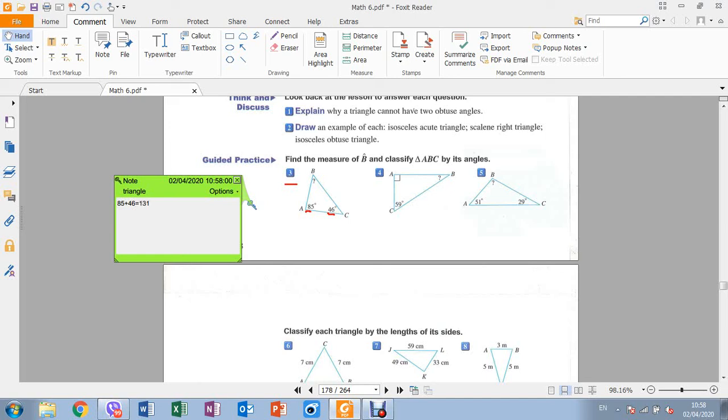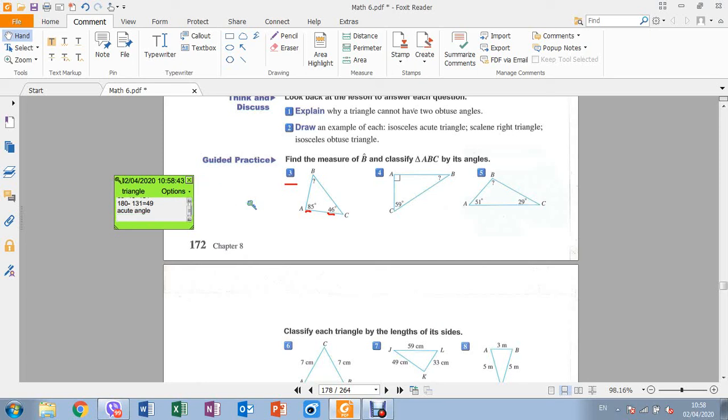So we know the measure of the angles of a triangle is 180 degrees. 180 minus 131 equals how many? The answer is 49. So this 49 is smaller than 90, which means this is an acute angle.